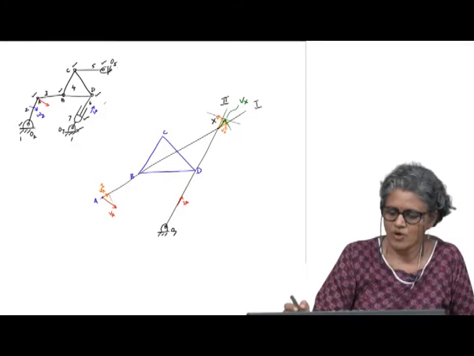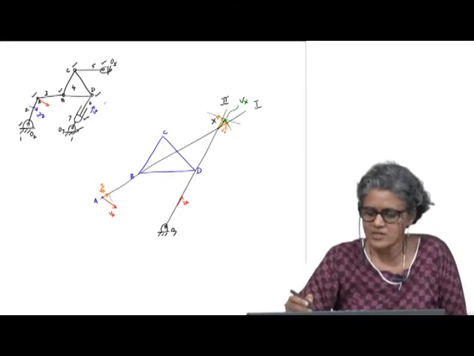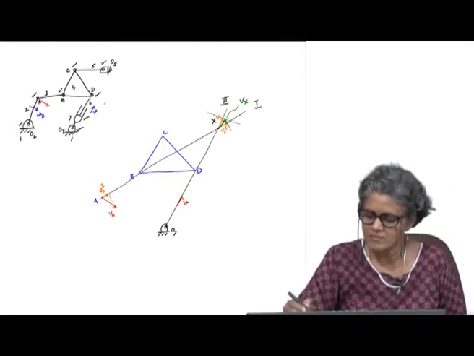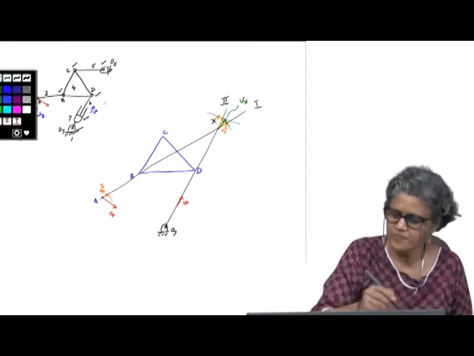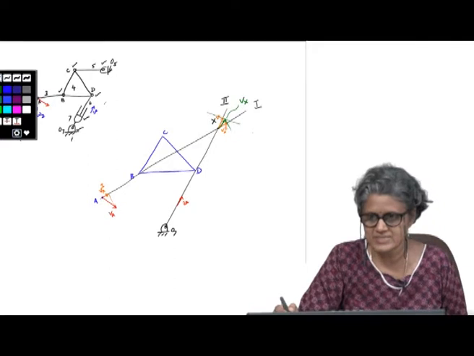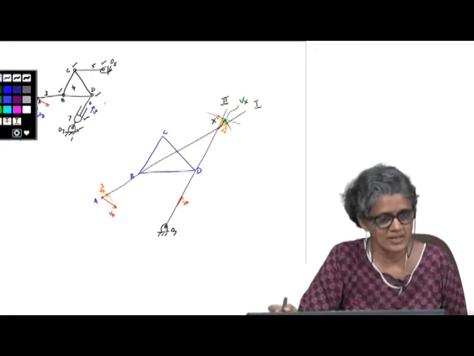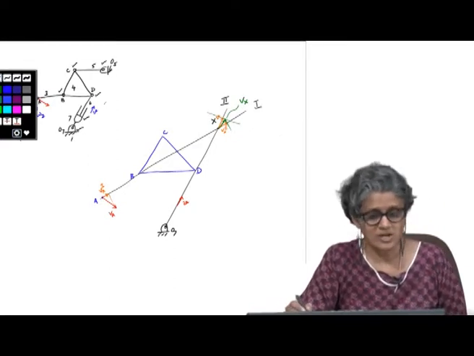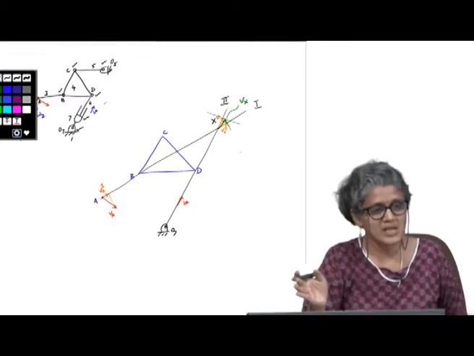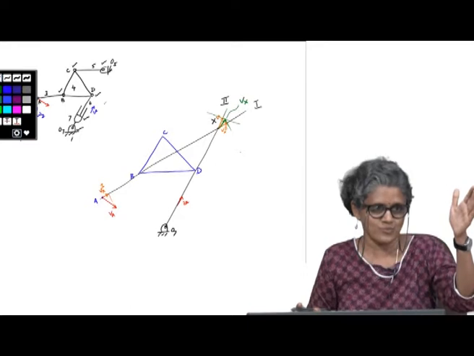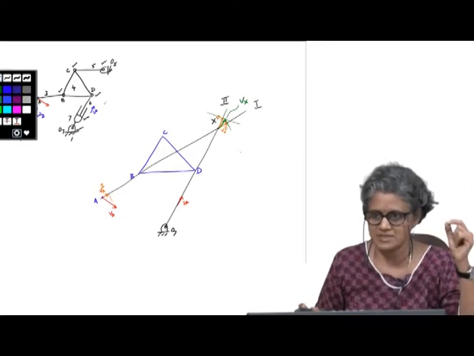So I can draw the third auxiliary line through C and X, because now I know the velocity of X is also on this coupler. I know another component also for the velocity of C.